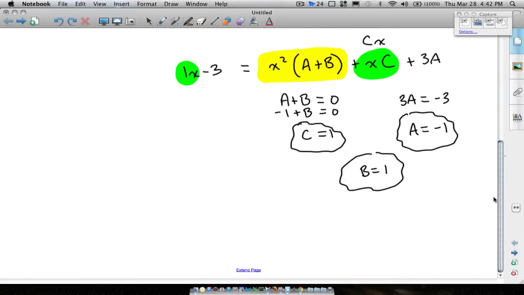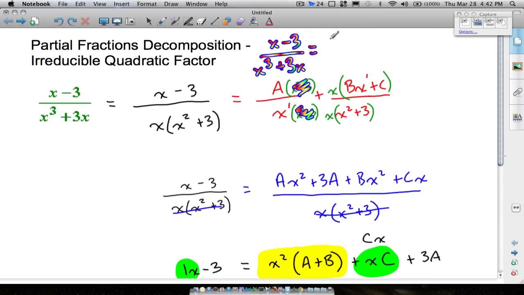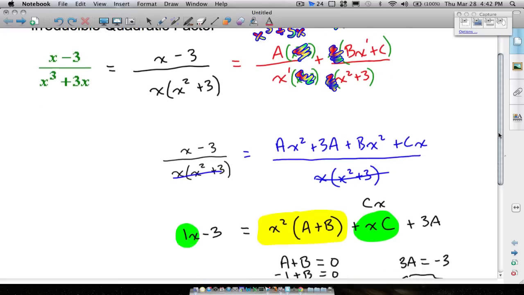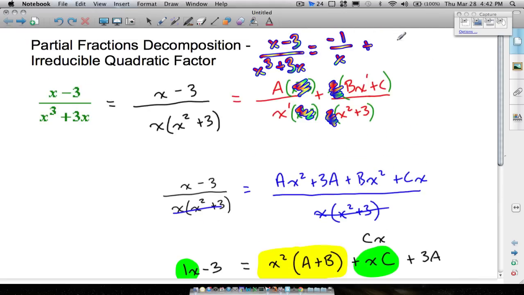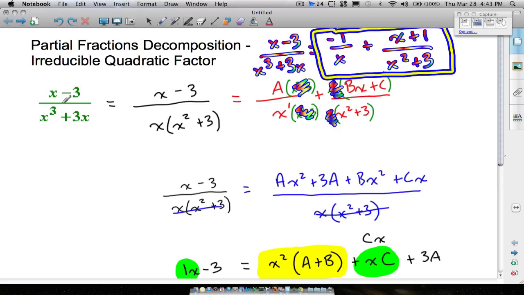So we said a was equal to negative 1, so we have negative 1 over x plus, again ignoring your common denominators, bx plus c, 1x plus 1. So we can just write x plus 1 over x squared plus 3. This part right here is the partial fractions for this rational expression right here.